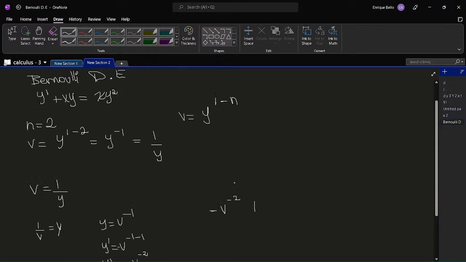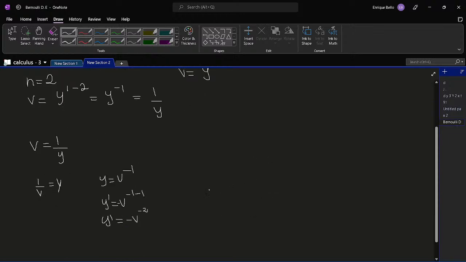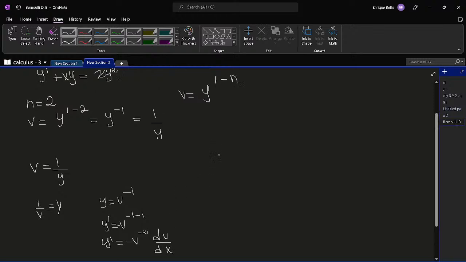Hold on. So y in terms of x, so that will be dv over dx, and then so it's gonna be minus v minus 2 dv over dx plus x.